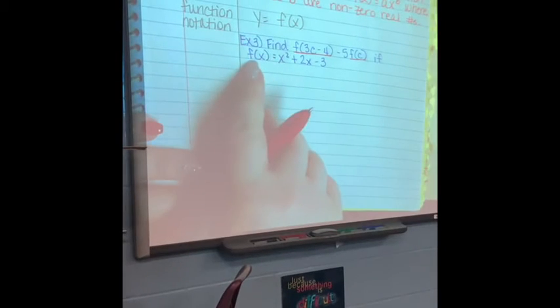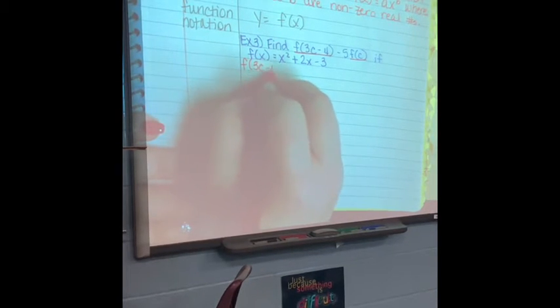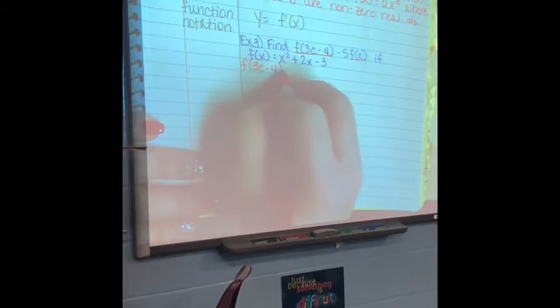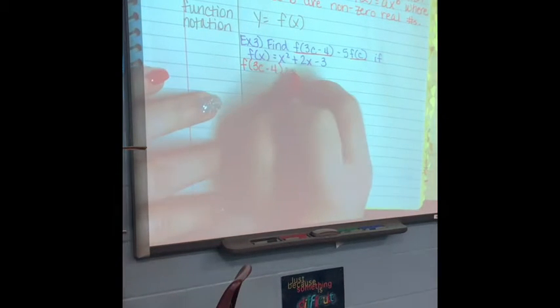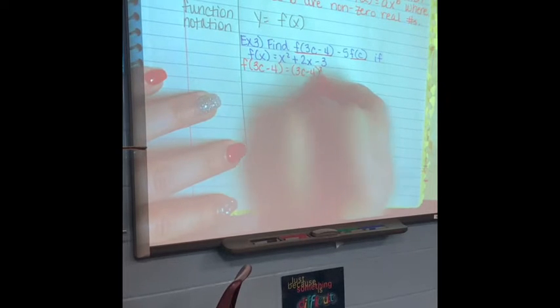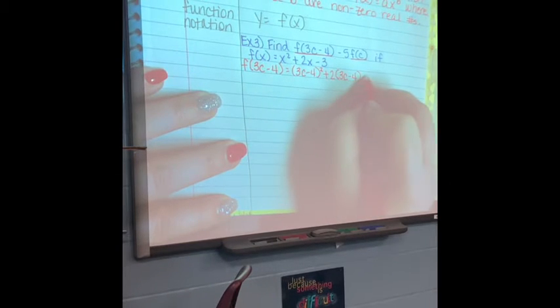So I'm going to use this function f of x, and I'm going to find what f of 3c minus 4 is, and that says that within this equation I'm going to plug 3c minus 4 in for every x within the equation, right? So that means right here I get 3c minus 4, and that's going to be squared, plus 2 times 3c minus 4 minus the 3.